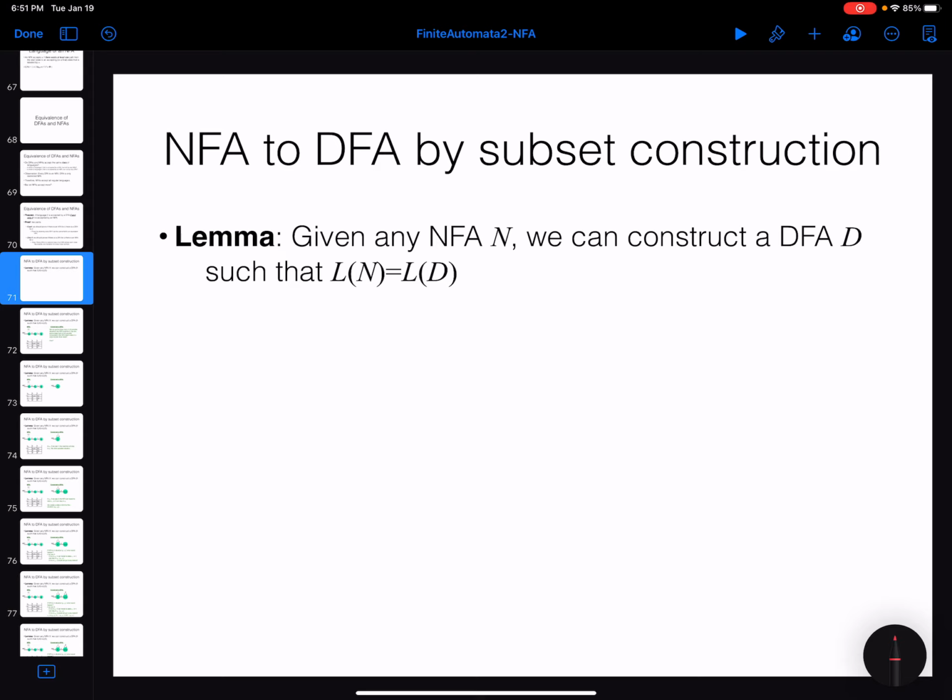By constructive proof, I mean I will show you that if you have an NFA for a language, you can create the equivalent DFA, a DFA that accepts the same language. I will do the proof by showing exactly how we can create an equivalent DFA from an NFA.